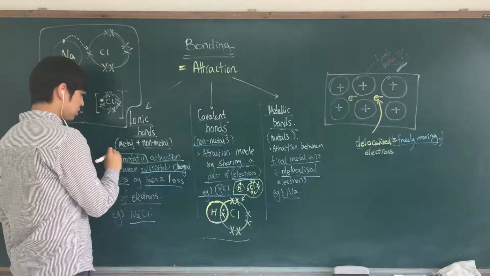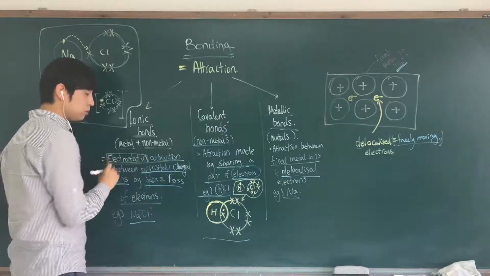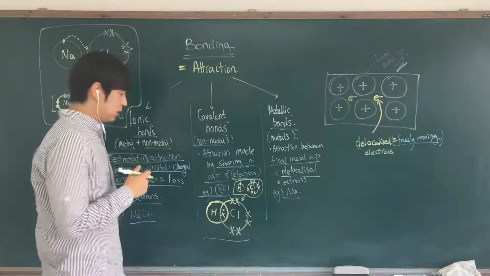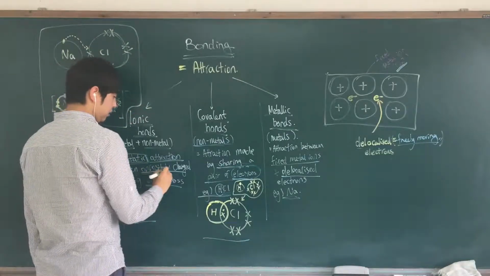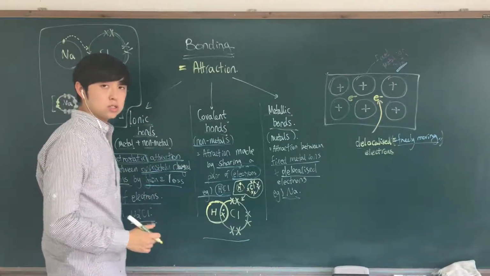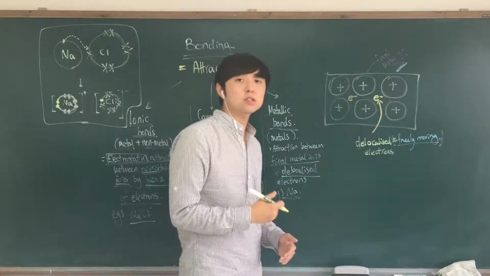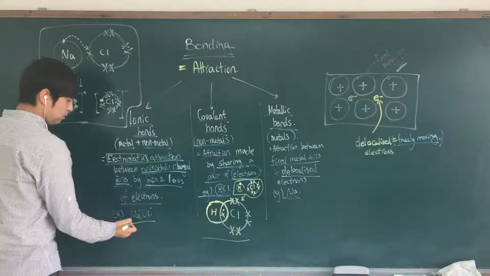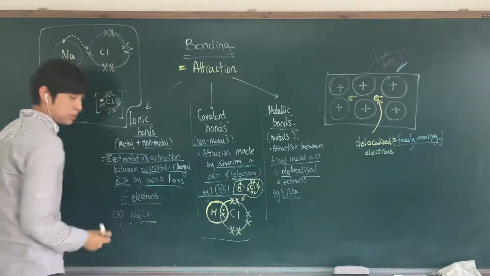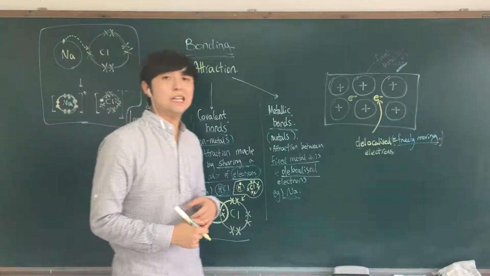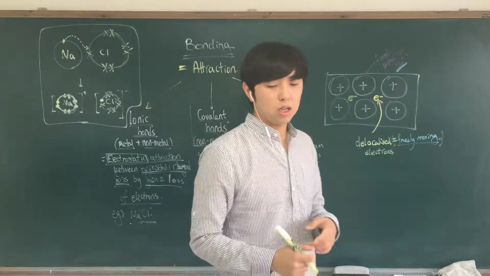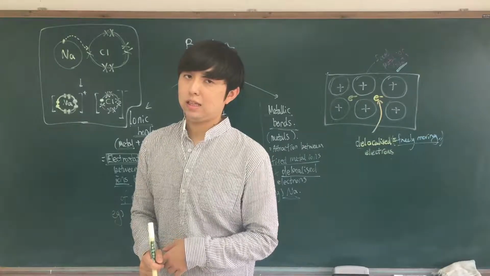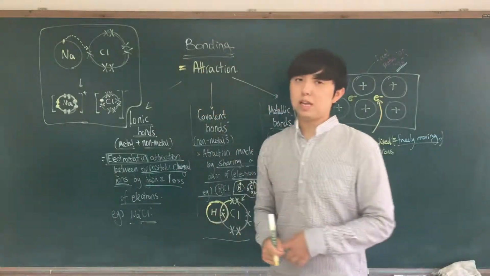So number one, it is called electrostatic attraction, because electrostatic attraction is present between oppositely charged ions. Because they do have charges, we must have electrostatic forces. I'm going to use an example of Na and Cl, because Na is in group 1, so it is likely to lose 1 electron, and chlorine has 7 electrons, so it is likely to gain 1 electron to become stable.